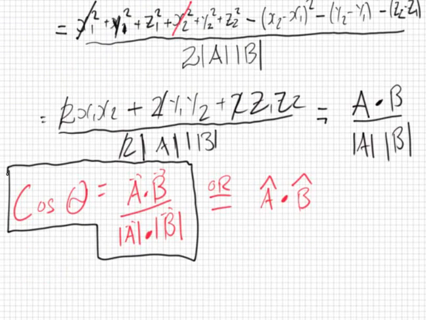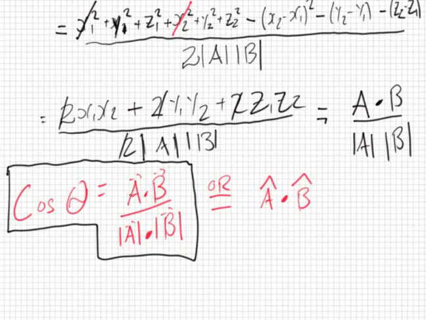Now, even with this result here, there's a very important corollary, a follow-up result. If the vectors are perpendicular, what is the value of theta? The angle, 90. And what's cos of 90? 0. Yeah? You can't, of course, divide by 0.